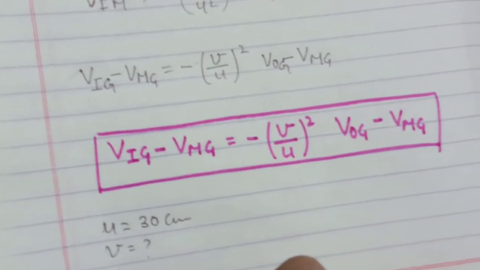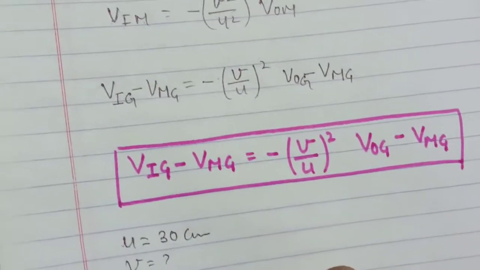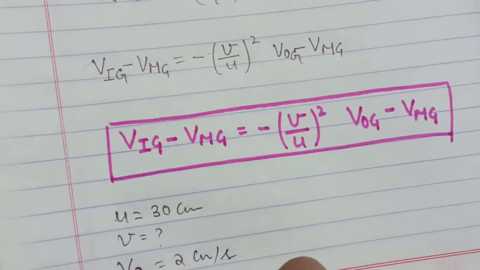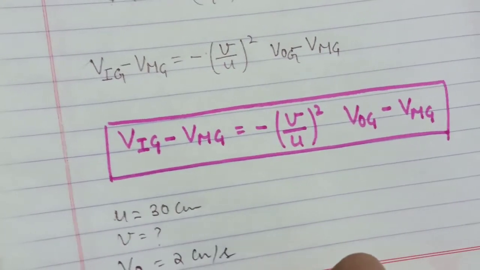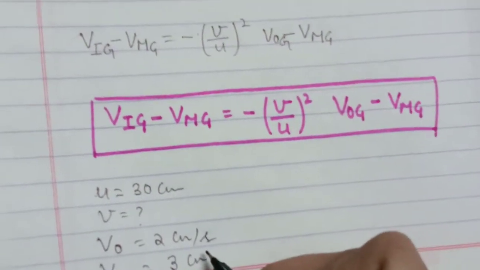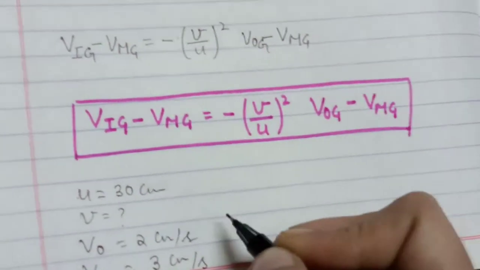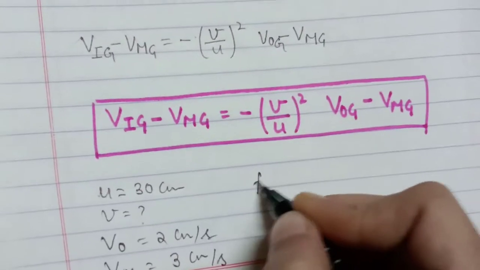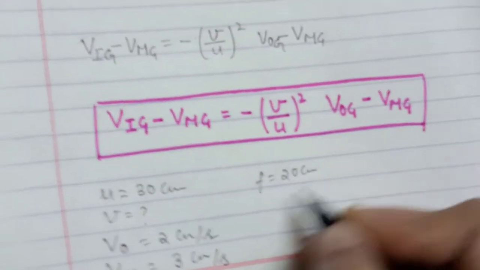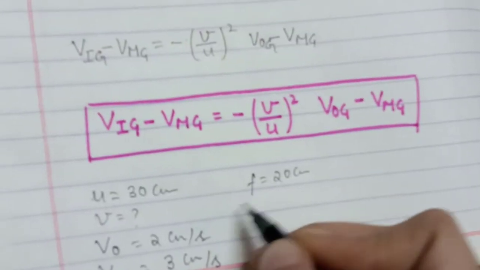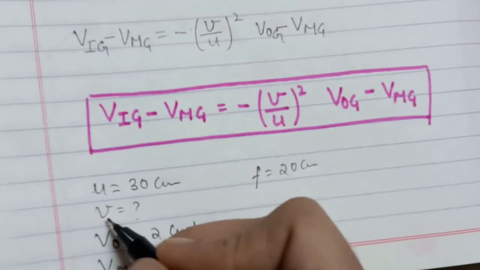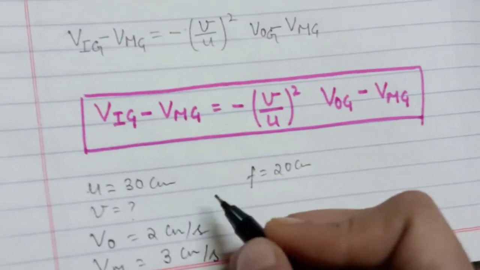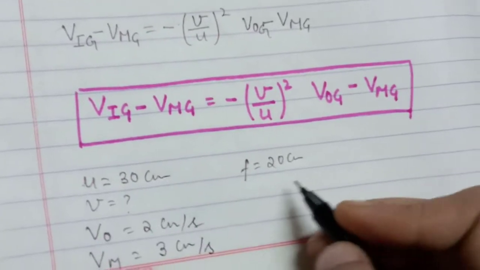Velocity of object is equal to 2 centimeter per second. Velocity of mirror is equal to 3 centimeter per second. Focal length 20 centimeter. So first we will find the value of v, means the distance of image from the mirror.